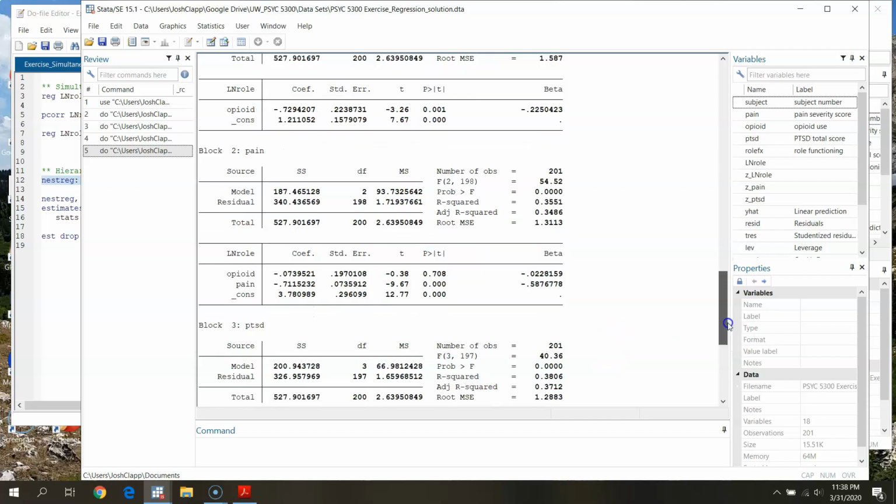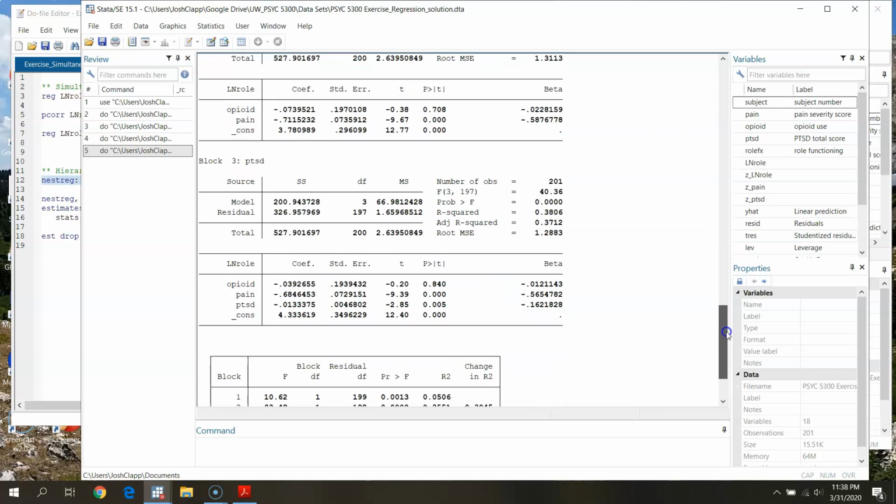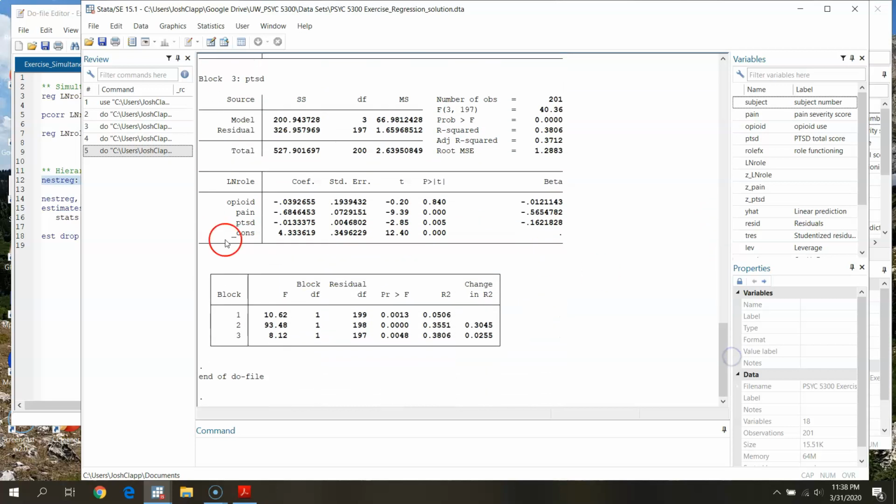Okay, so in Stata, we'll work through each one of our individual regressions, each one of our steps building on one another, and then here at the bottom, what we'll get is just a summary of our ANOVAs. So here is our F-test, degrees of freedom in the numerator, degrees of freedom in the denominator, and then our F value for our step 1 block where we just had opiate use.